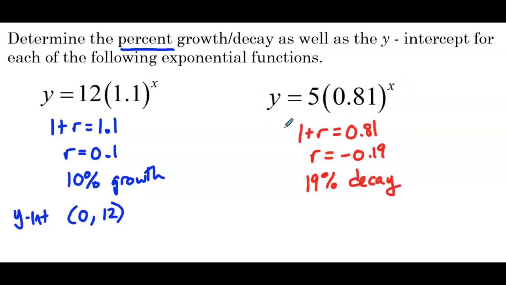And if we look back at the original exponential function, we're multiplying by a base value that's less than 1. So our numbers are going to get smaller as we continue our repeated multiplication. And our y-intercept, well, when x is 0, we have 0.81 to the 0, which is 1, times 5 is 5. So the y-intercept is (0, 5).